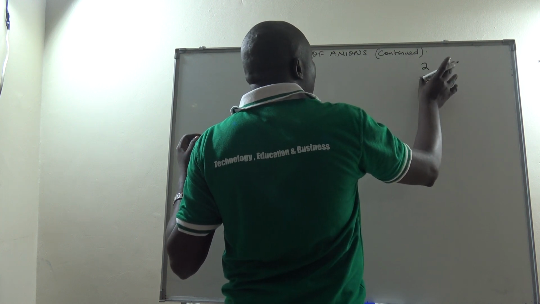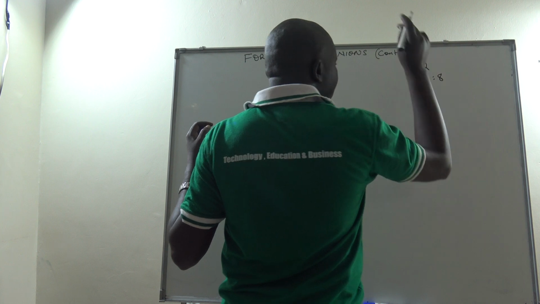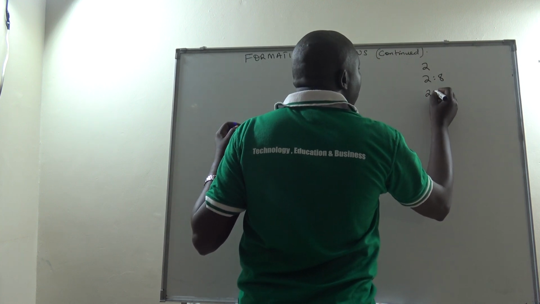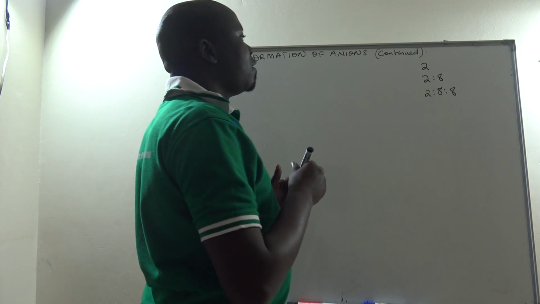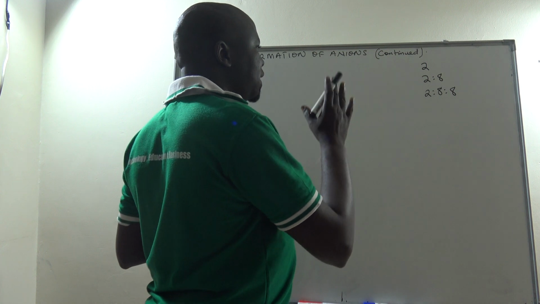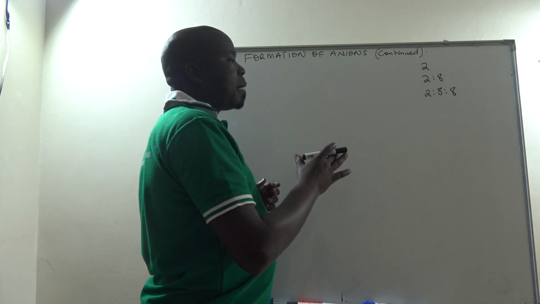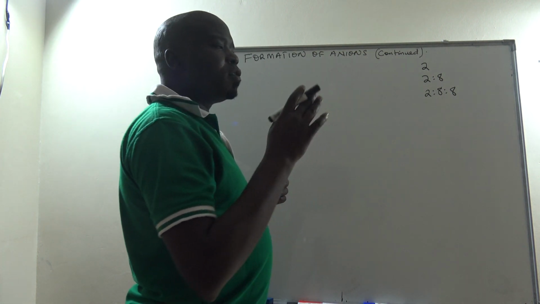All the electronic configurations of the ions that they form result in 2 to 8, and then 2 to 8 to 8 for elements from silicon up to chlorine. That's from the one with atomic number 14 up to the one with atomic number 17, minus argon.